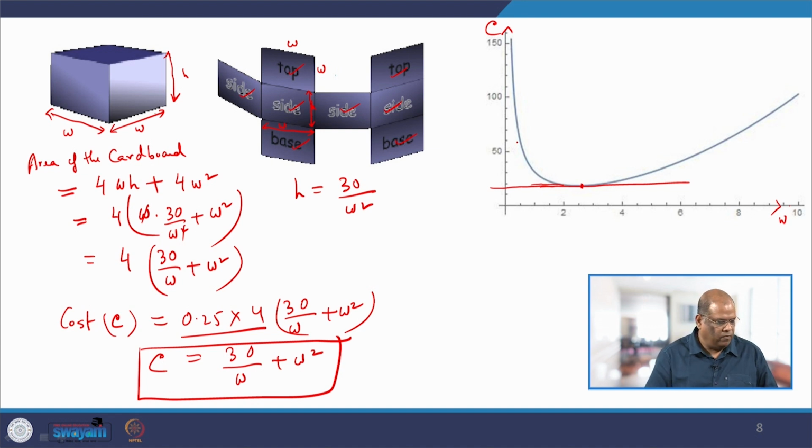And the value for this is 2.47 and 18.25. This value you can directly calculate from the graph itself. So, with the minimum value of W to be 2.47, you can get the cost to be 18.25.